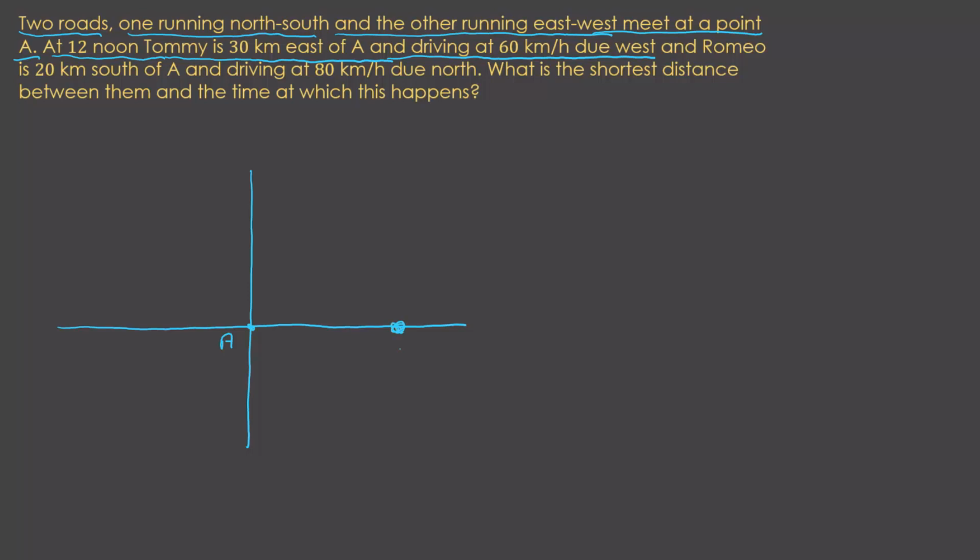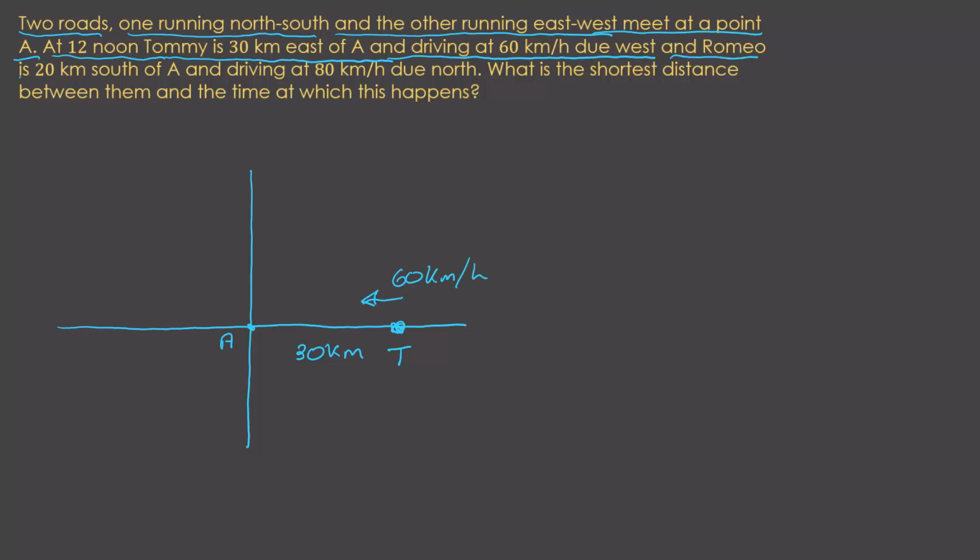So let's say that Tommy is here, and initially this is 30 kilometers, and he's traveling this way at 60 kilometers per hour.